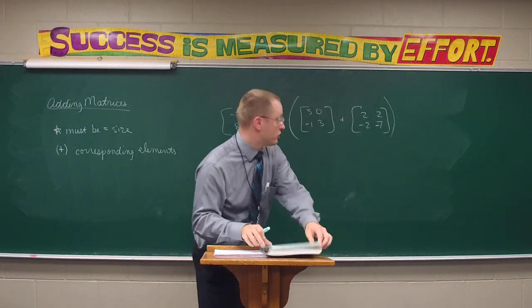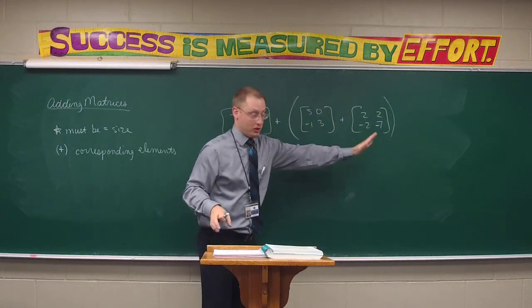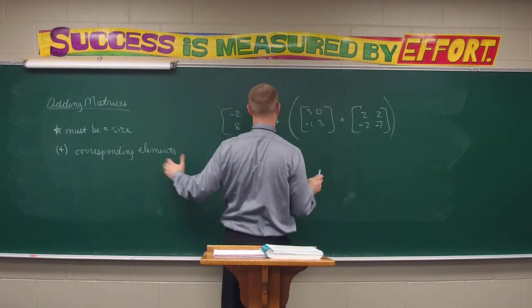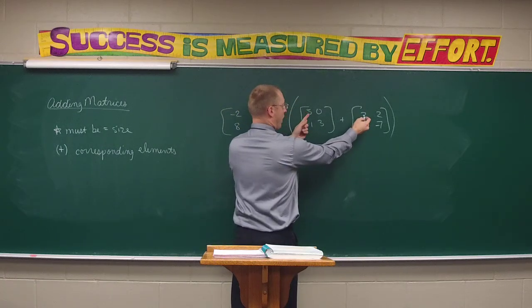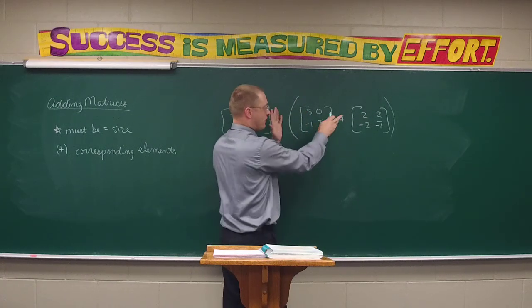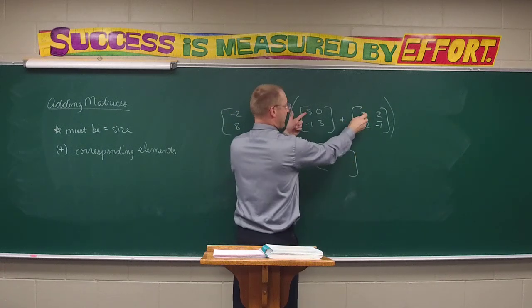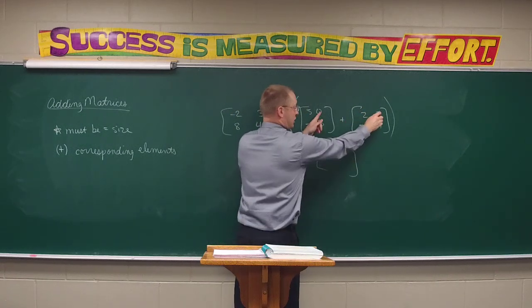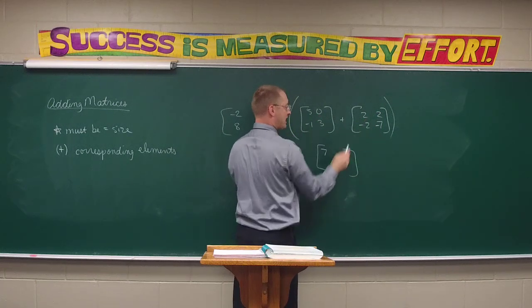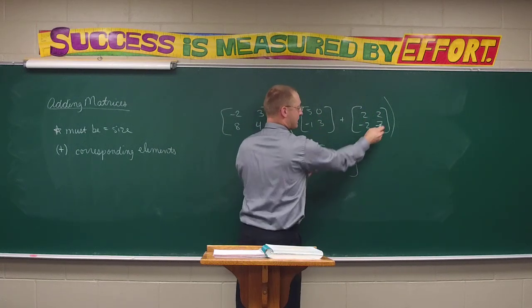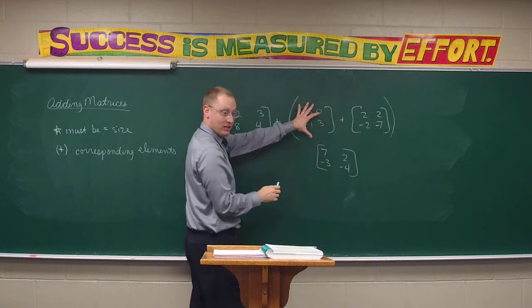All right, so we're going to add what's in the parentheses first. When we say add corresponding elements, these are both the 1, 1 elements, correct? For whatever their names are, which aren't specified, those are 1, 1s. So we're going to add them. Add the 5 and the 2. Add the 0 and the 2. Add the negative 1 and negative 2. Add the 3 and the negative 7. We're done with that addition.